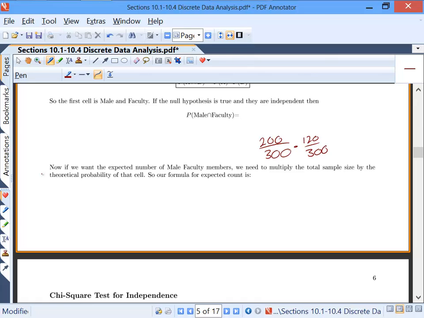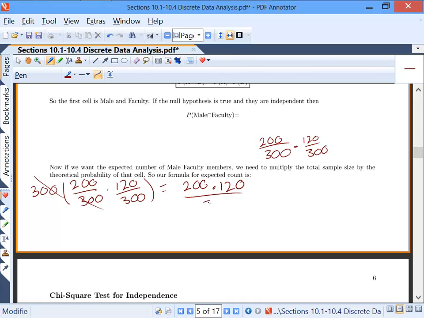Okay, so our expected count, we're going to take our sample size, which was 300, and times it by our probability of 200 over 300 times 120 over 300. And what's going to happen to one of those 300s? Okay. We are going to have one of those 300s cancel out. So we have 200 times 120 over 300.